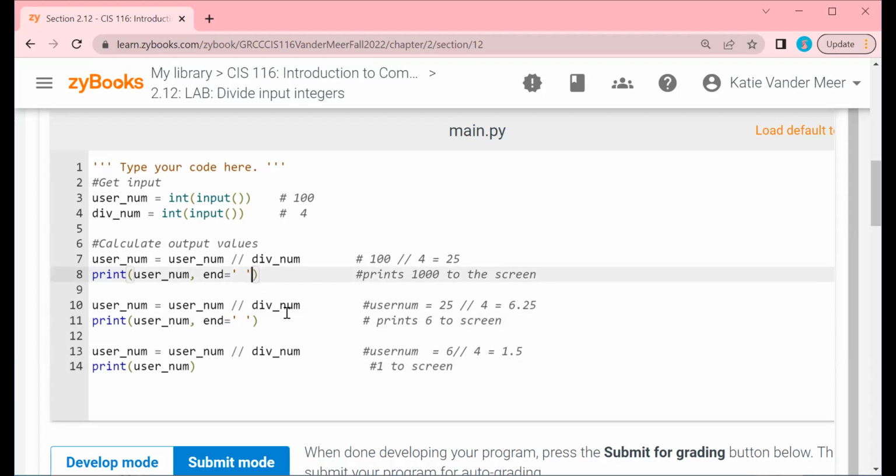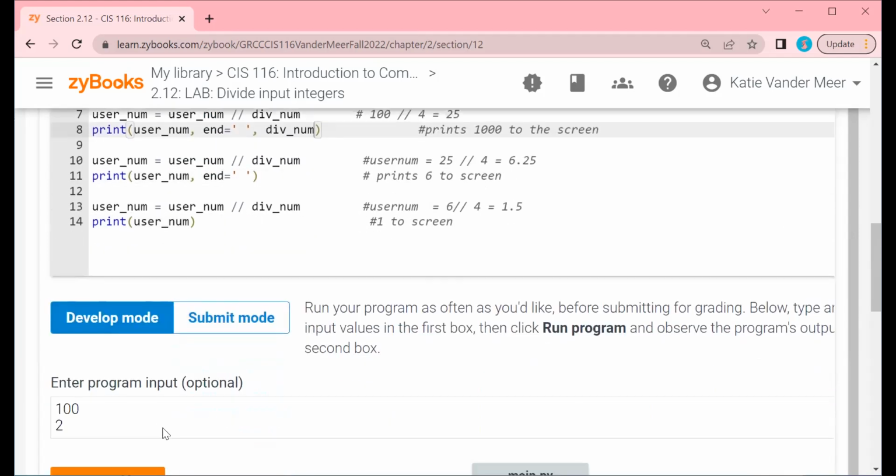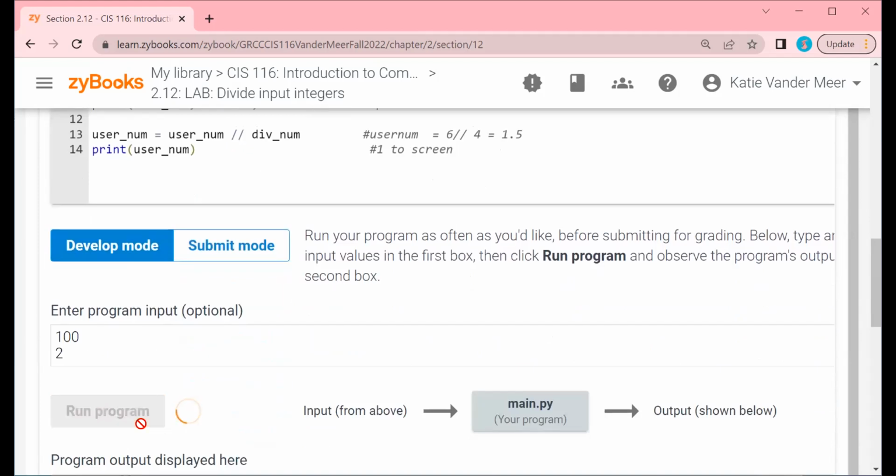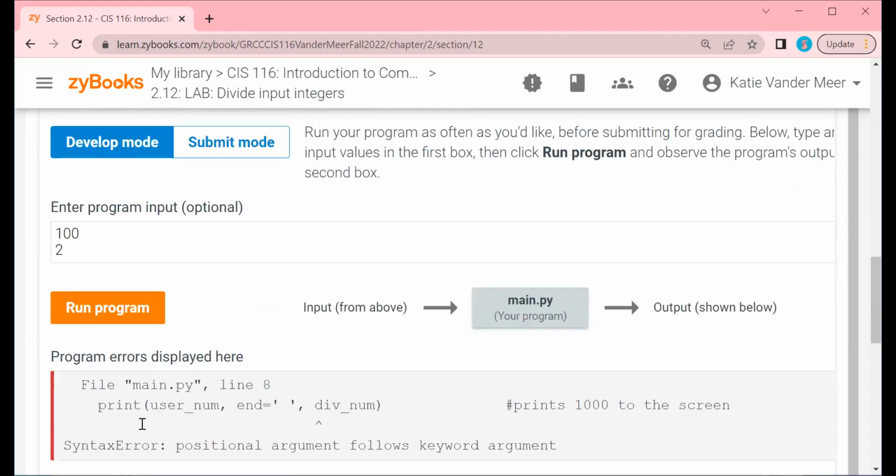Like user number and div number, if they are on the same print statement, can you use the end equals space to separate them in the same print statement? Ooh, like that? Yeah, something like that. I don't know. I think no.